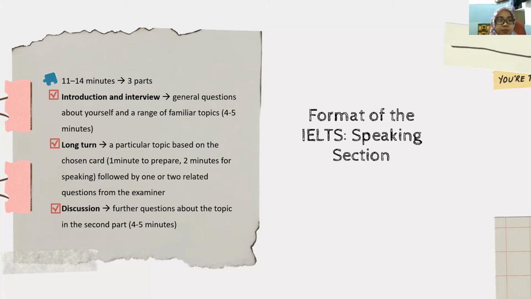The second part is the long turn, where you will be given a particular topic based on the chosen card, and you will have 1 minute to prepare and 2 minutes to give your response. There will be 1 or 2 follow-up questions from the examiner after you give your response. The last part is discussion, consisting of questions about the topic in the second part. This part will last approximately 4 to 5 minutes.